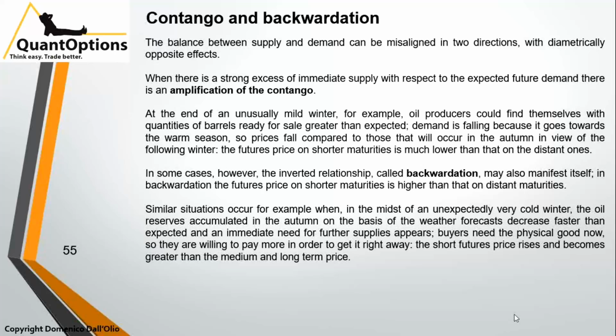Similar situations occur, for example, when in the midst of an unexpectedly very cold winter, the oil reserves accumulated in the autumn on the basis of the weather forecasts decrease faster than expected, and an immediate need for further supplies appears. Buyers need the physical good now, so they are willing to pay more in order to get it right away. And the short futures price rises and becomes even greater than the medium and long-term price.